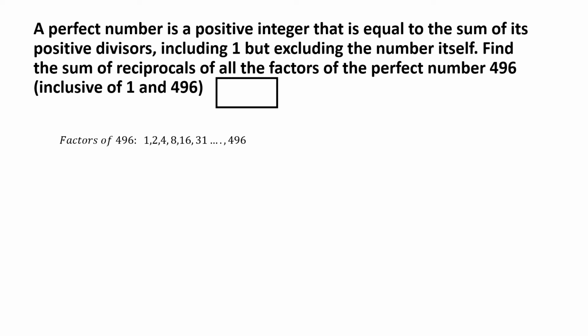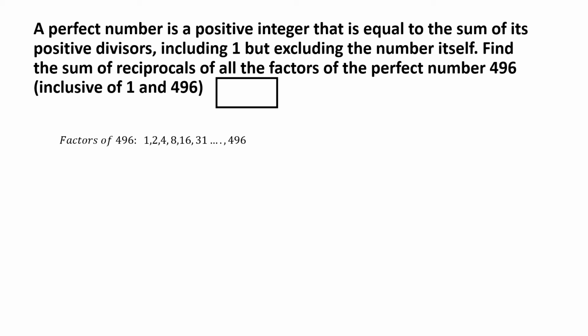Now, I have also gone out as far as 31 specifically because it may appear to some that, based on those first few factors, 1, 2, 4, 8, 16, there is a kind of a pattern there. But that pattern breaks when you also see that 31 is a factor. So that's why I listed it here. And then, of course, this goes all the way till 496. That's obvious. That's the number itself.